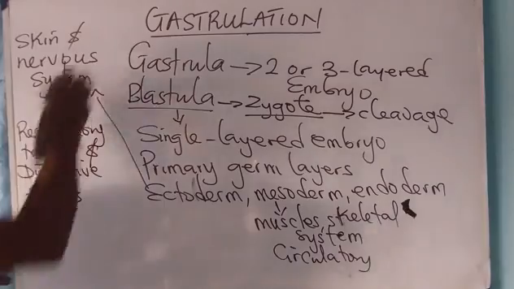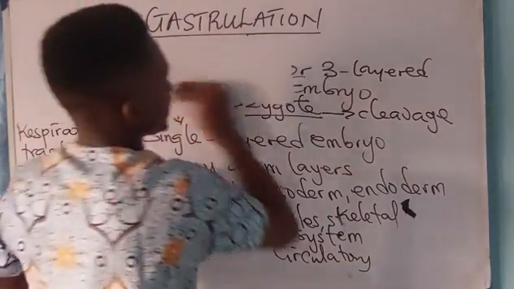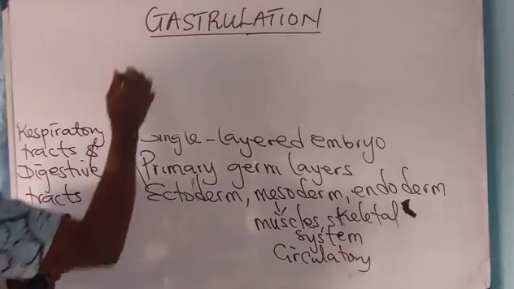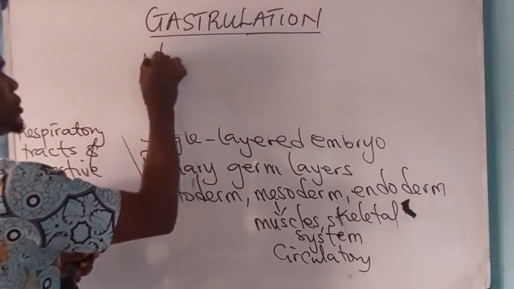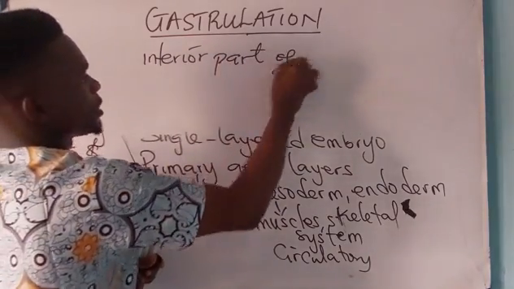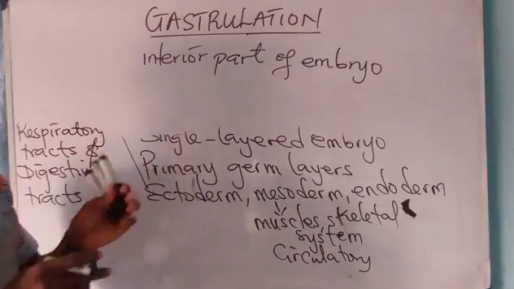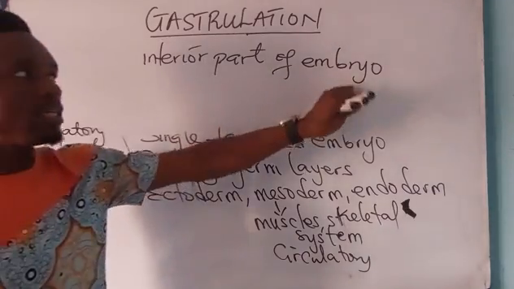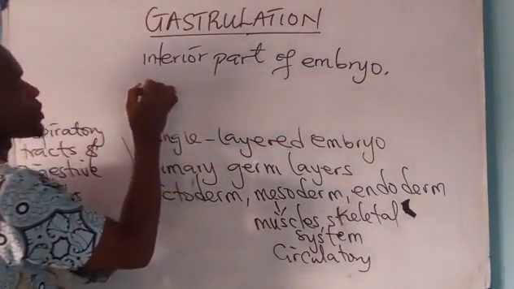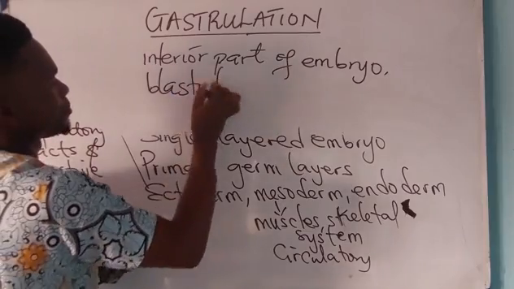In other words, the purpose of gastrulation is to bring to the interior parts of the embryo, that is an area of what? Blastoderm.